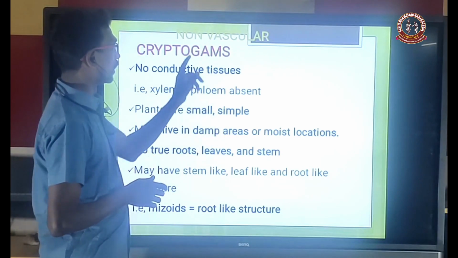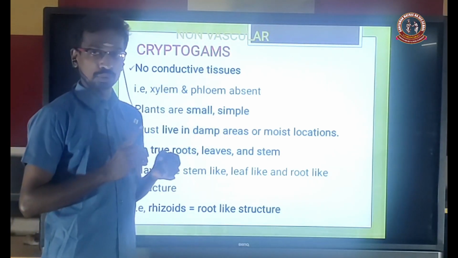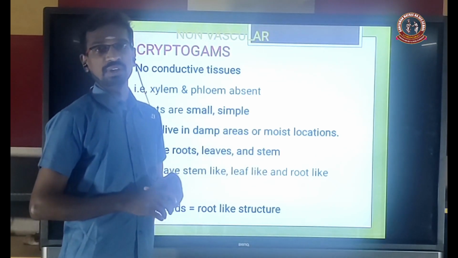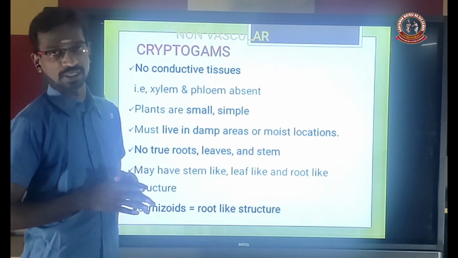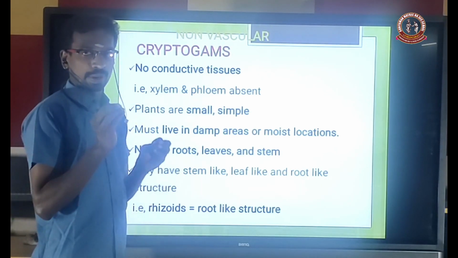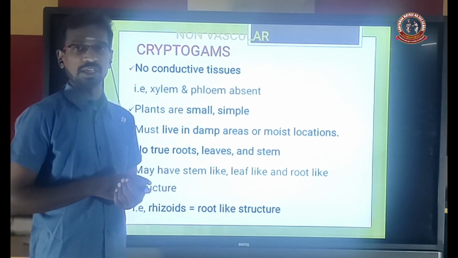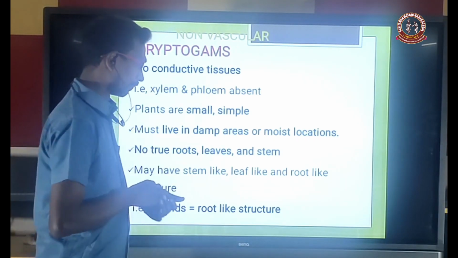Instead, leaf-like, stem-like and root-like structures are present. For example, the rhizoids, a primitive root-like structure, especially in bryophyte plants. They help to fix the plant on the substratum.